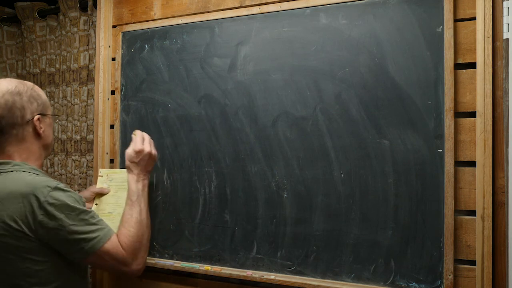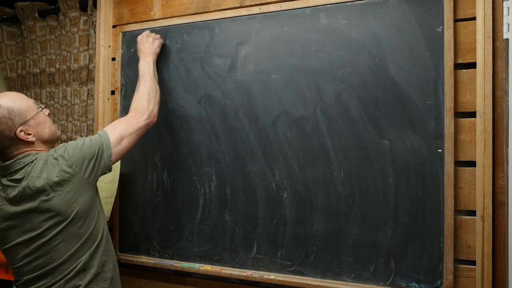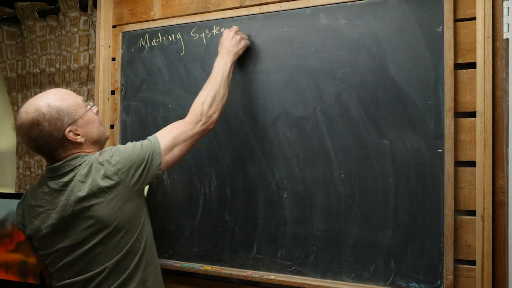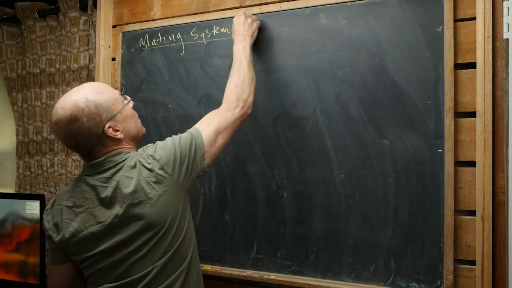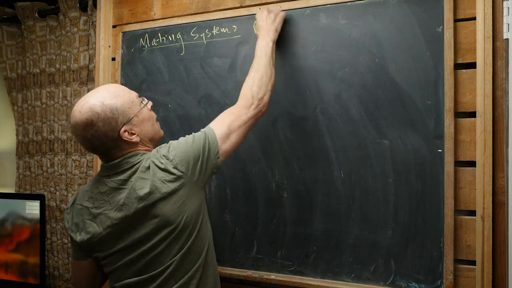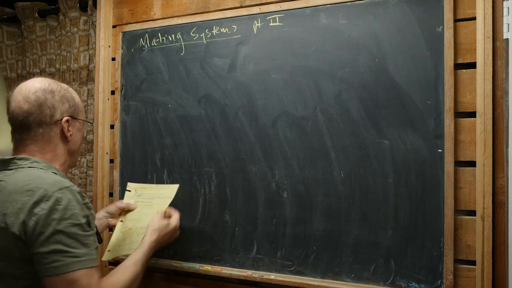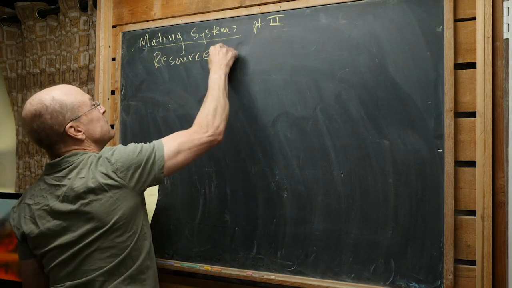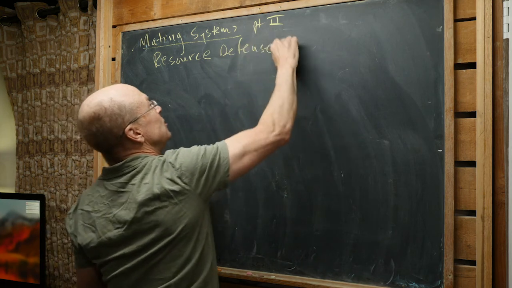We start here. We're dealing with mating systems. In these mating systems, I guess we're going to call this part 2, and the business before was part 1. We're going to get into something called resource defense polygyny.